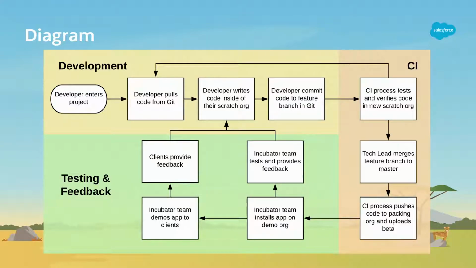Now, I believe this is also a new feature with DX. Originally, if you wanted to release a managed package, you would have to go to the packaging org, manually click the button to upload it, and then wait to get your install link. But with this way, nobody ever had to log into a packaging org. The CI process took care of it for us, and the CI process gave us an install link via email.